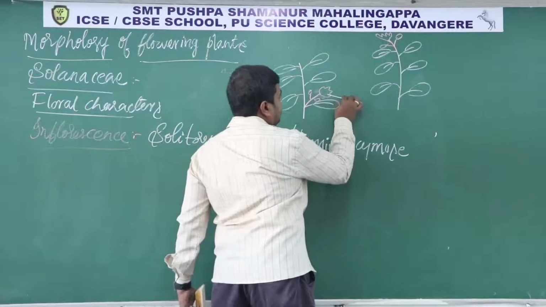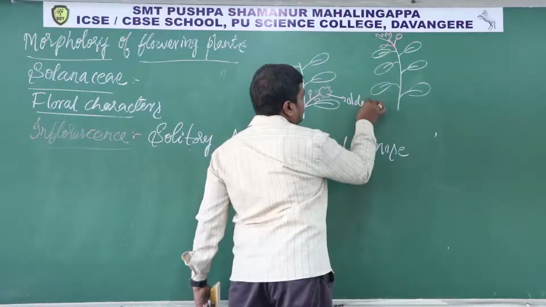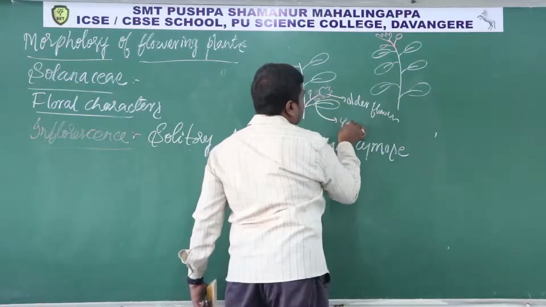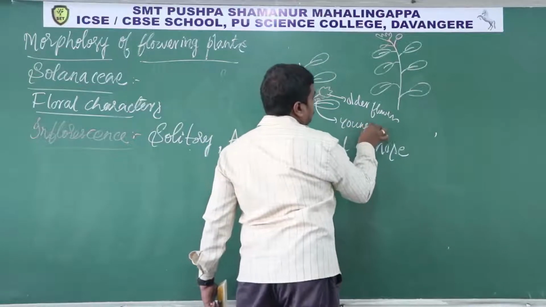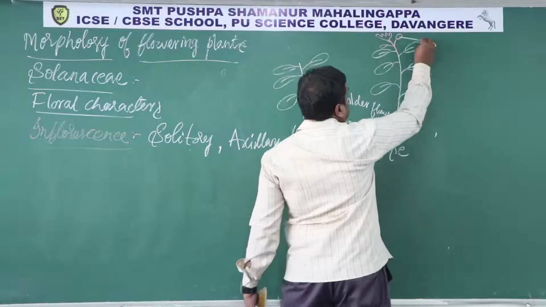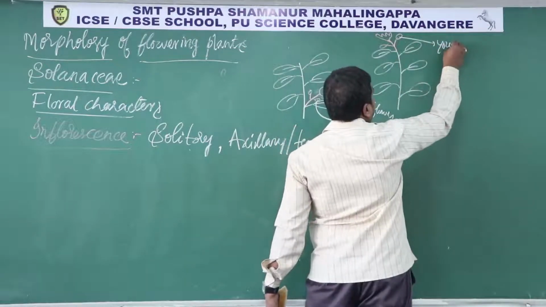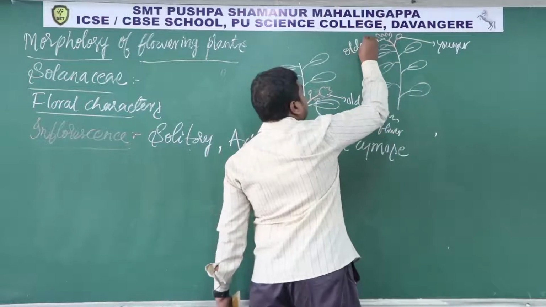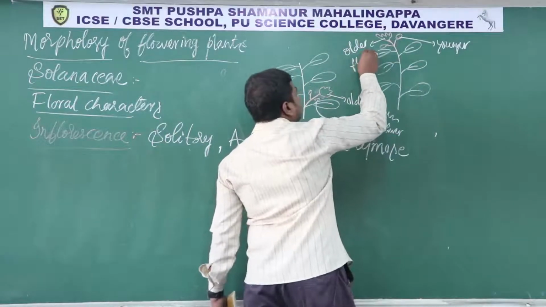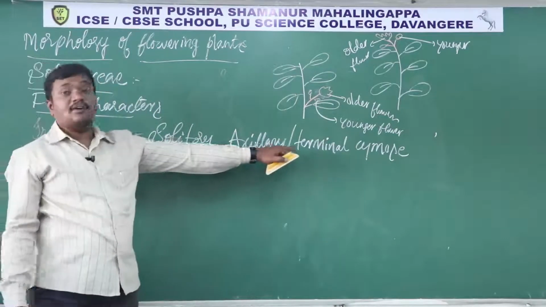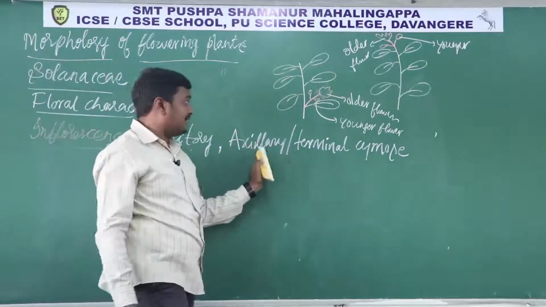So this is the older flower, this is the younger flower. So this is younger, this is older flower. Okay, since it has a cymose inflorescence, the cymose may be axillary or terminal.